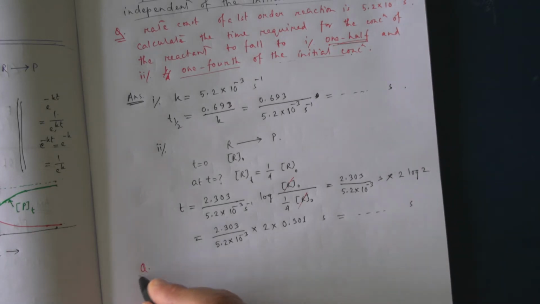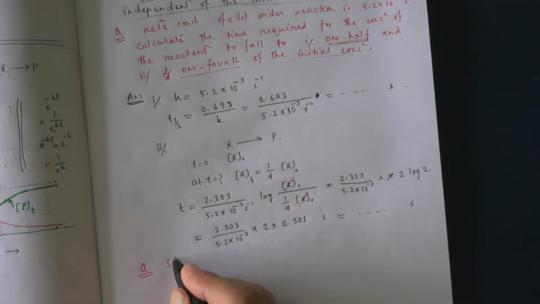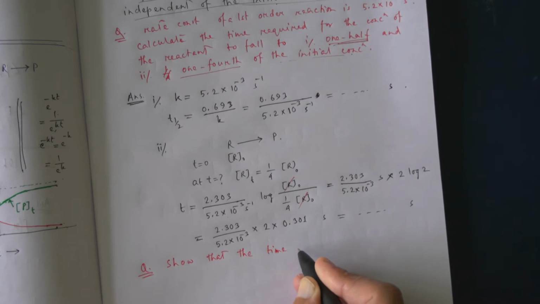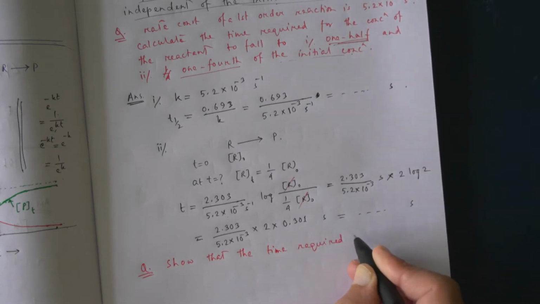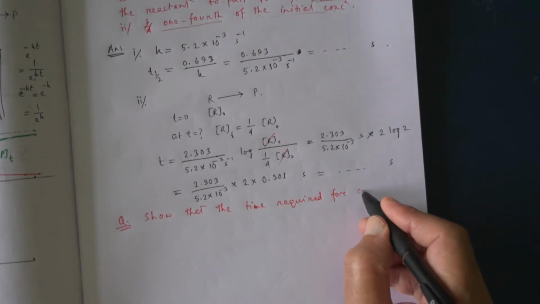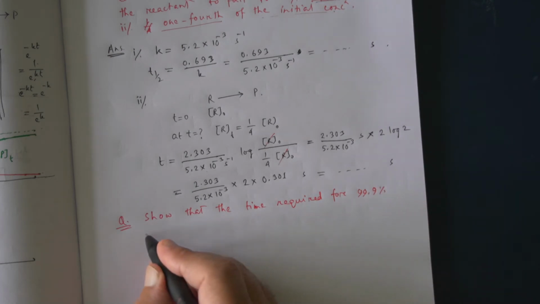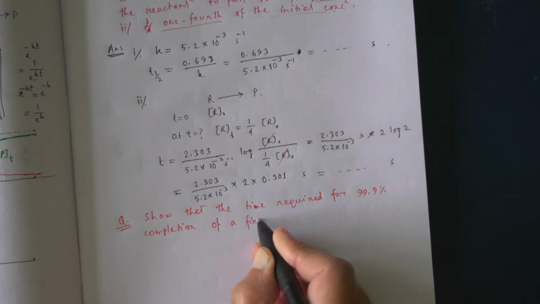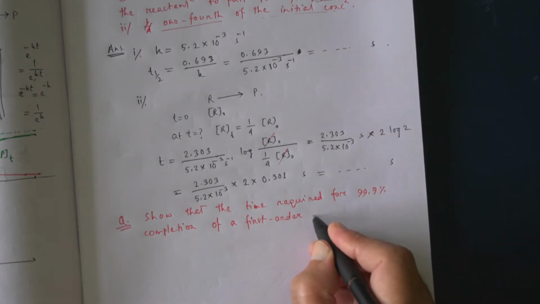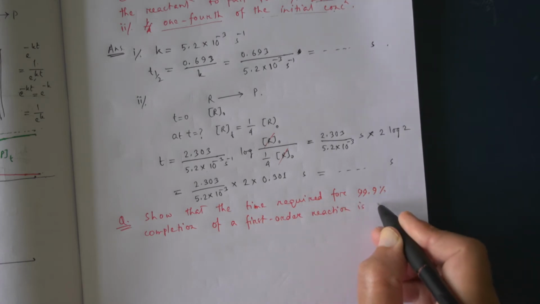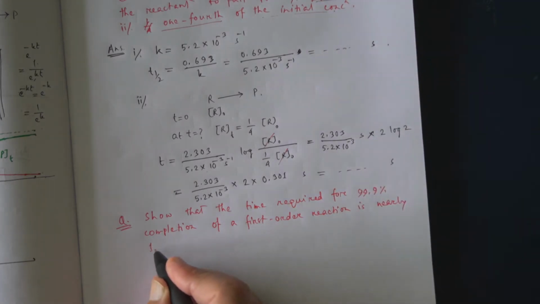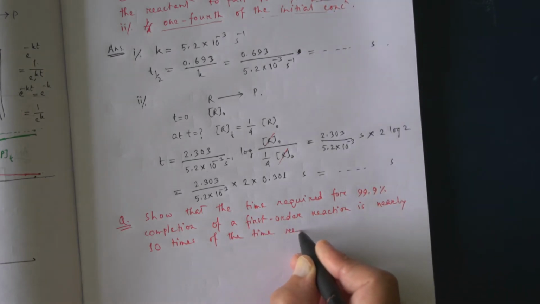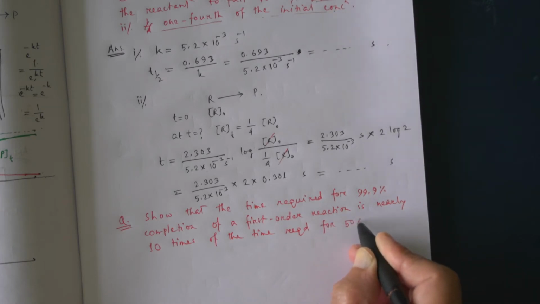Say another problem you see. Show that the time required for 99.9% completion of a first order reaction is nearly 10 times of the time required for 50% completion.